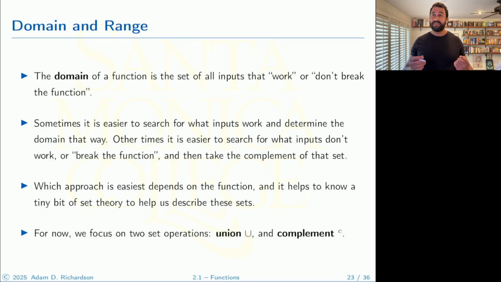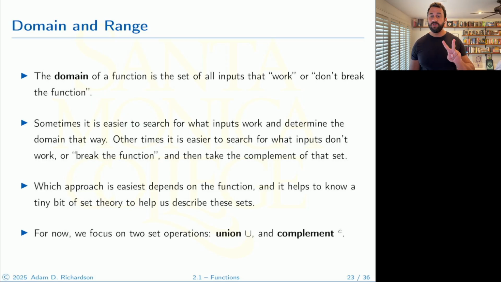Other times it's easier to look for the inputs that don't work and then just remove those from whatever the set is, like the set of real numbers. So there are two ways to find the domain, and it's a bit of an organic process. You've got to ask yourself, what is easiest? Is it easier to figure out all the things that are going to work, or is it easier to look for the special cases that will break the function and cut those out? So that's why we need to talk about a little bit of set theory.